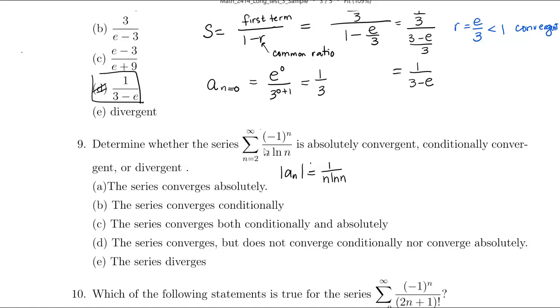To proceed, we'll think of ways in how we can check for convergence here. I would suggest using the integral test, because if you let u be equal to ln n, your du is just 1 over n dn.